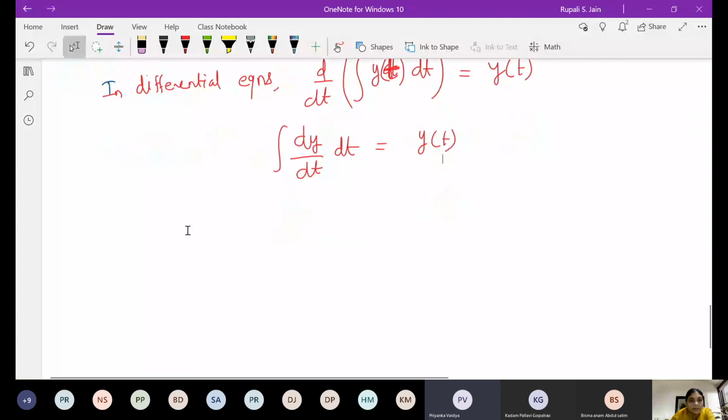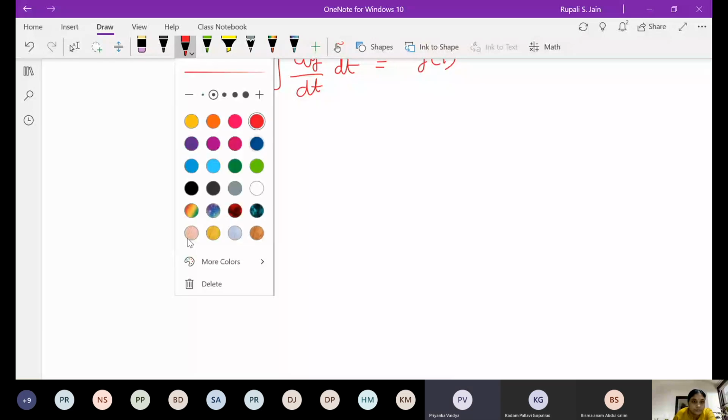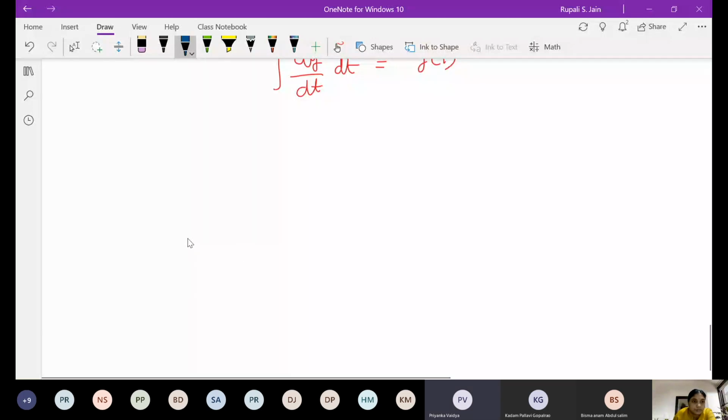Similarly, now in the difference operator, we are having summation notation. So I define, definition.